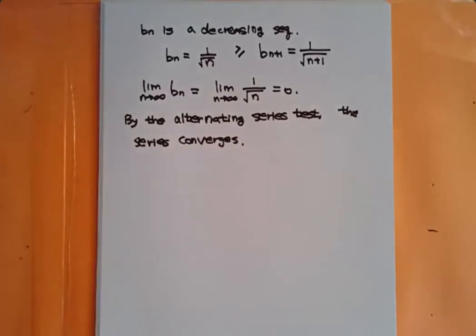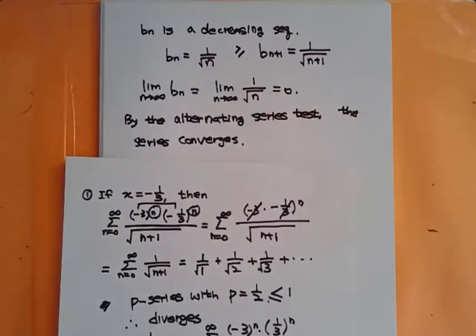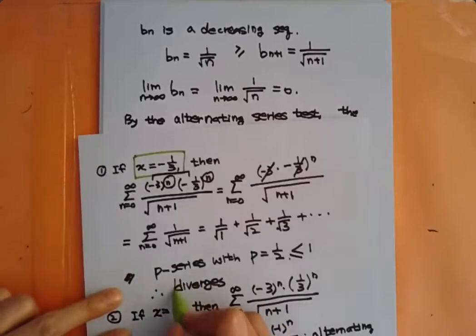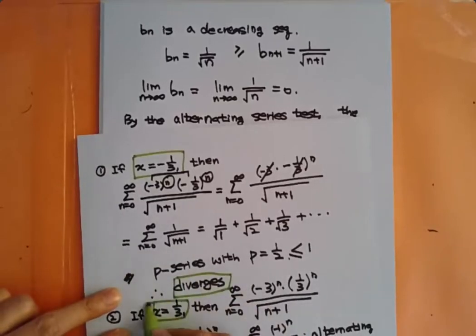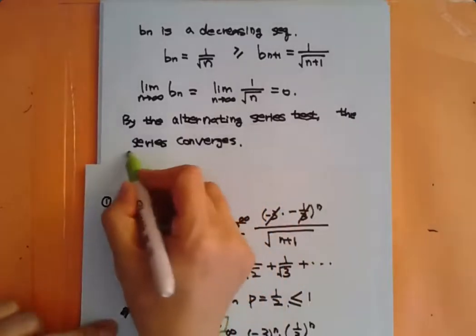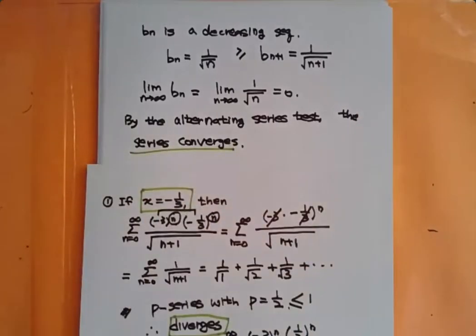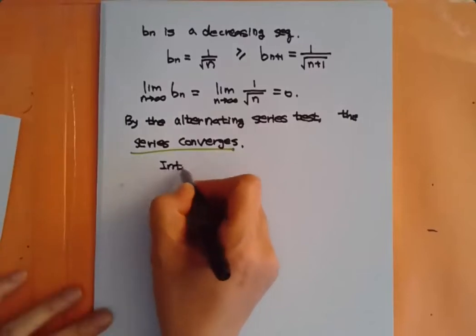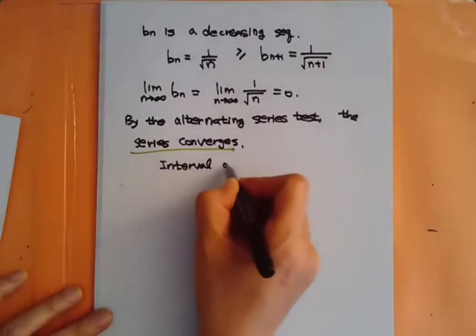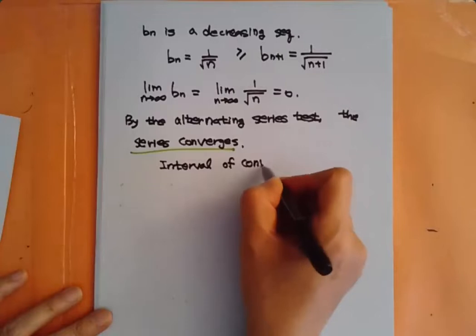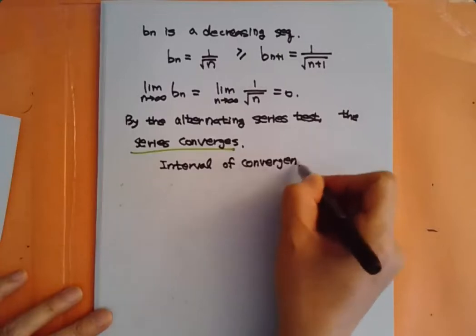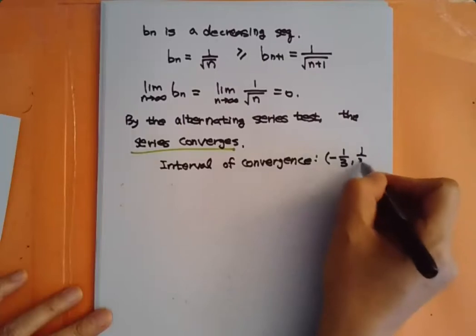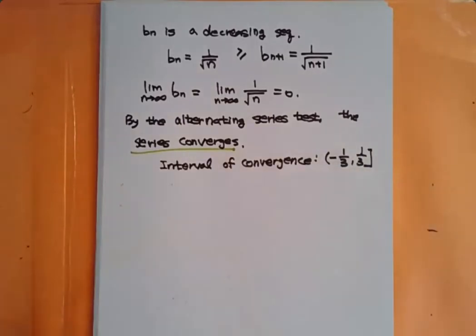At the boundary, what we have shown was when x is negative 1/3, the series diverges, while when x is 1/3, the series converges. So the interval of convergence will be open parenthesis negative 1/3 and 1/3 close bracket.